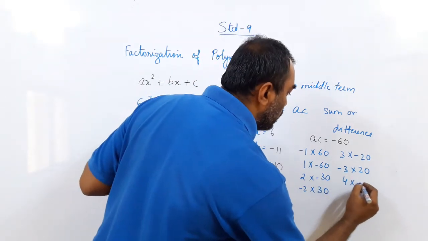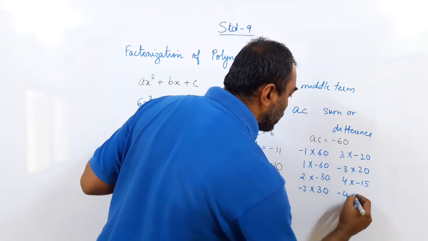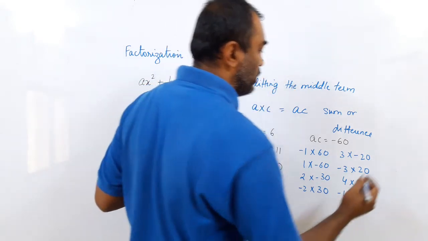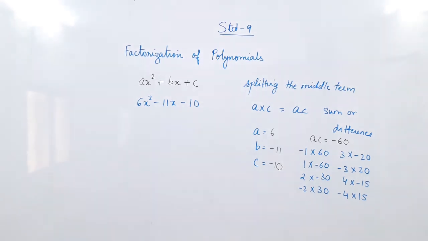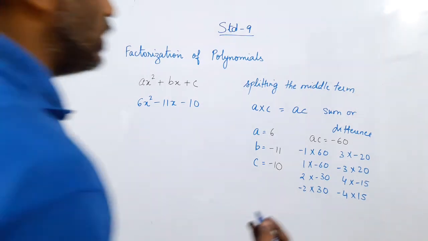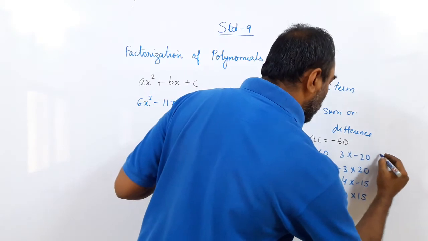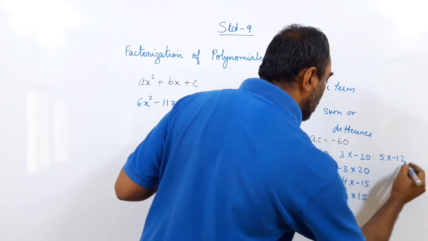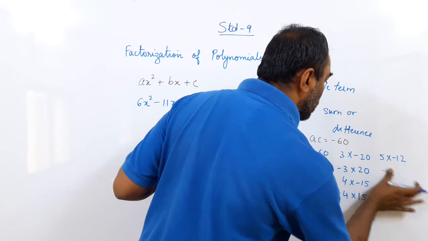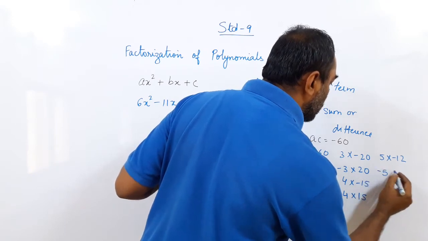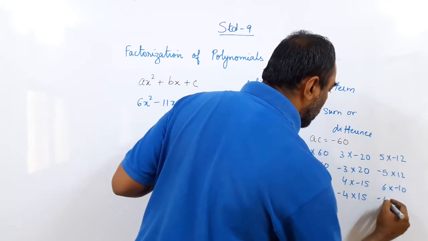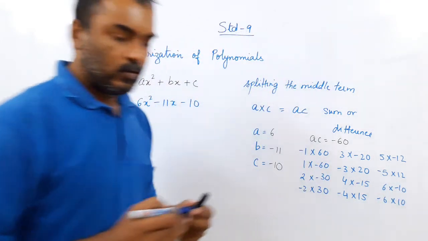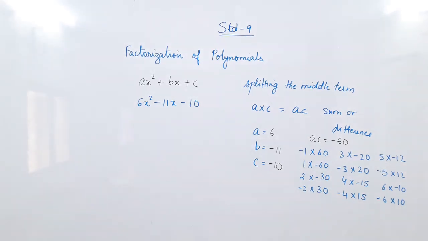Then 4 into minus 15 or minus 4 into 15. Then what do we get next? Can you see this clearly? Yes? We still have further 5 into minus 12 or minus 5 into 12 and 6 into minus 10 or minus 6 into 10. So these are all the factors I split up for minus 60.